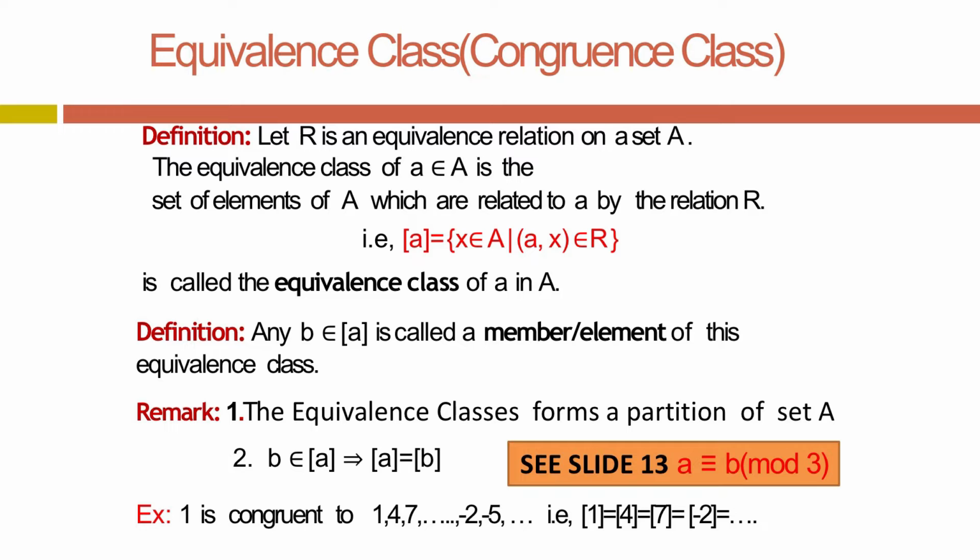So, partition means, for example, you take the set of class 12 science students.